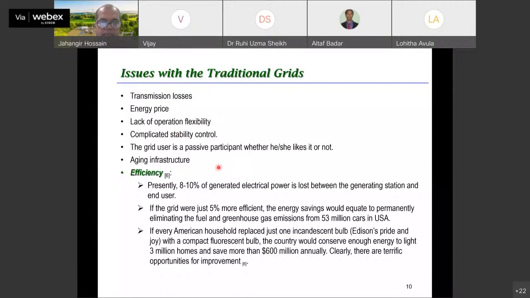Energy price is high, and most of the systems were installed and constructed many years back, so most of the infrastructure is old. Aging is also an issue for the current grid. Another big problem is that the grid users, mainly the consumers, are passive participants. They just use it whether they like it or not, and they don't know exactly what is happening inside the power grid.